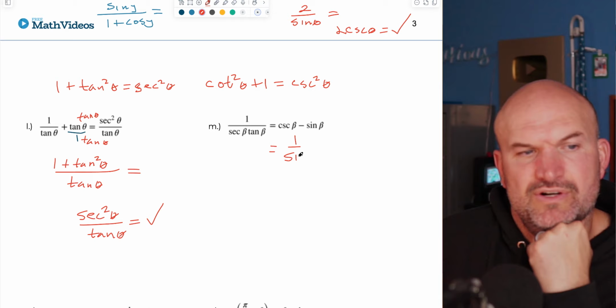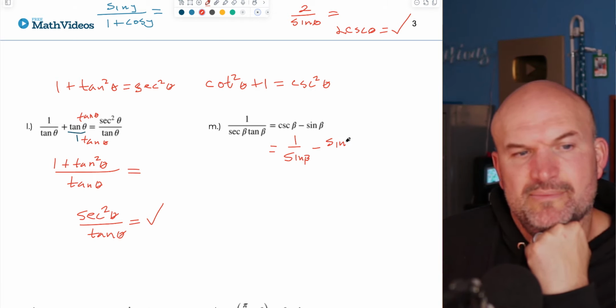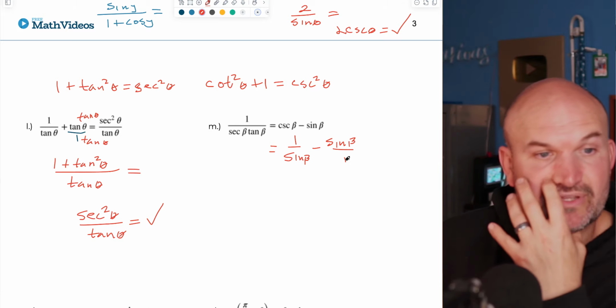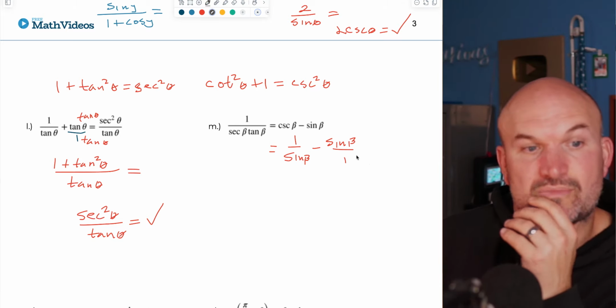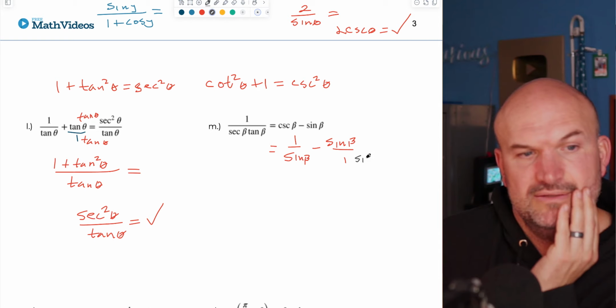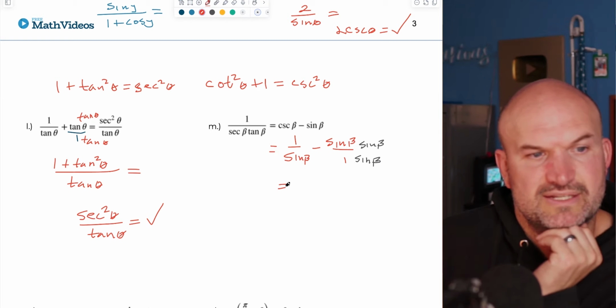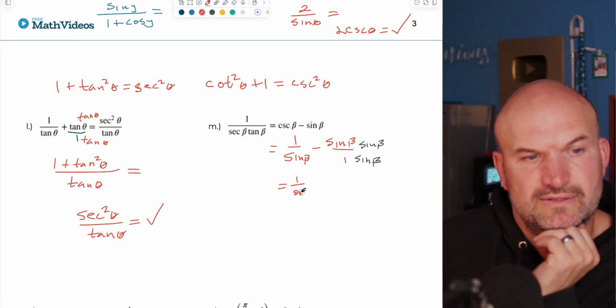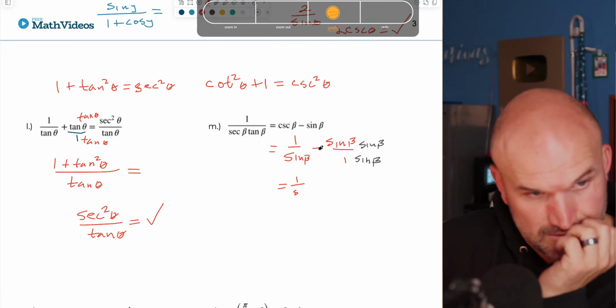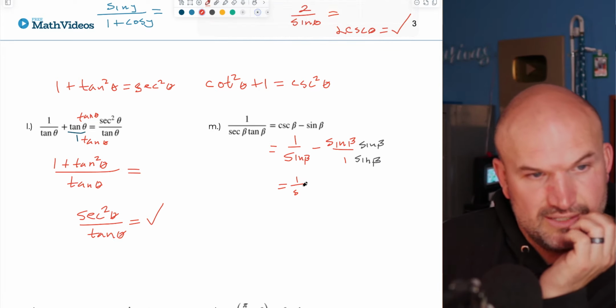So I have a 1 over a sine of beta minus a sine of beta. Put that over 1. Let's go ahead and multiply by the sine of beta on both sides. So now that's going to give me 1 over a sine of beta.